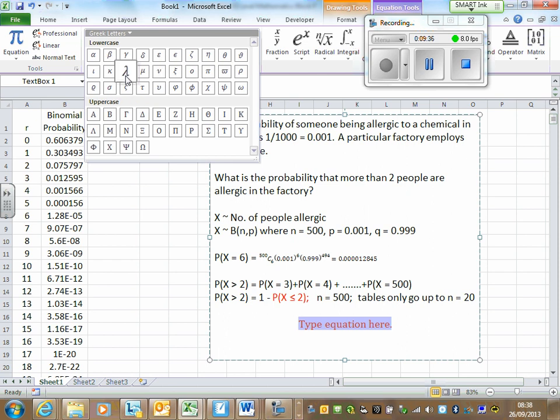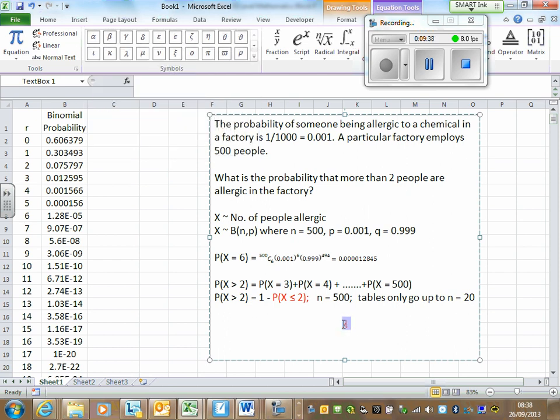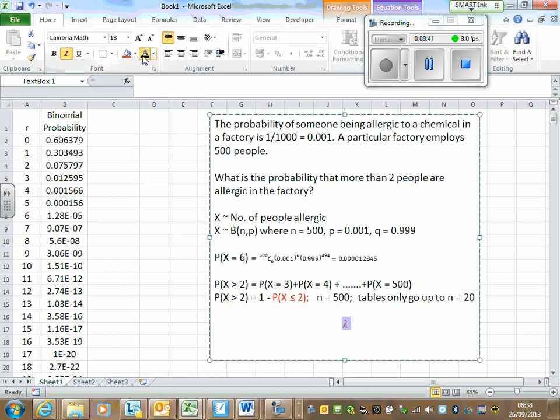Greek letters, lambda, the best of all the Greek letters. This lambda, our expectation for the Poisson, is going to be exactly the same as the expectation for the binomial. Now, the expectation for the binomial is np.